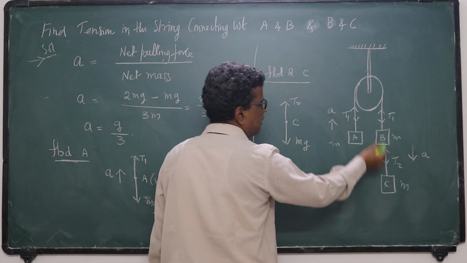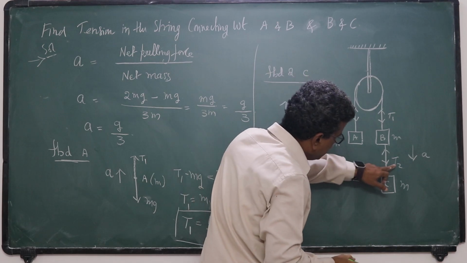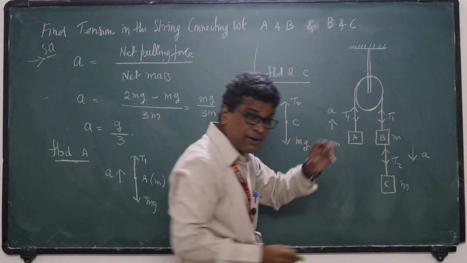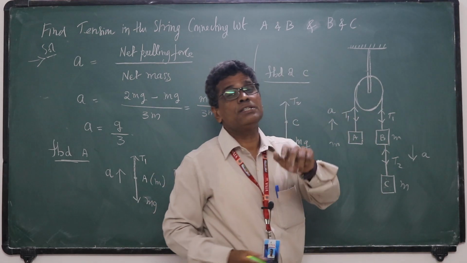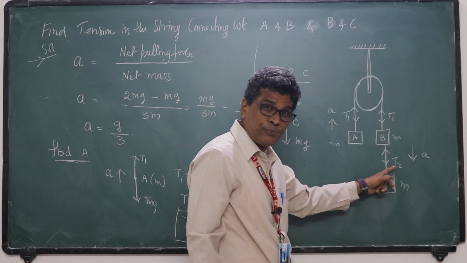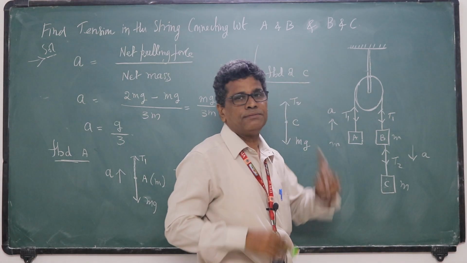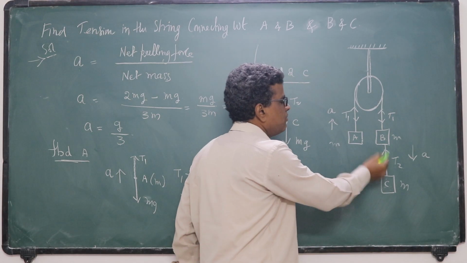T2 is acting up on this. So here tension I represent with a double arrow. What does it mean? Newton's third law. If C pulls the B with the force T2, B pulls the C with the force T2. That is the meaning of this double arrow.